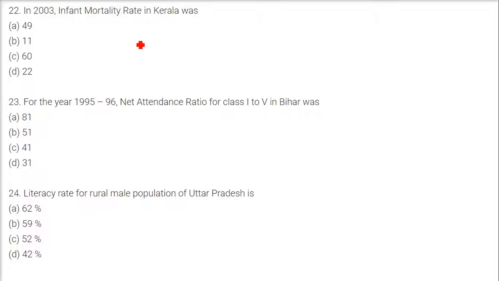In 2003, infant mortality rate in Kerala was 11 only, while Punjab was having 49. For the year 95-96, the net attendance ratio of class 1 to 5th in Bihar was 41. Literacy rate for rural male population of Uttar Pradesh is 52%.